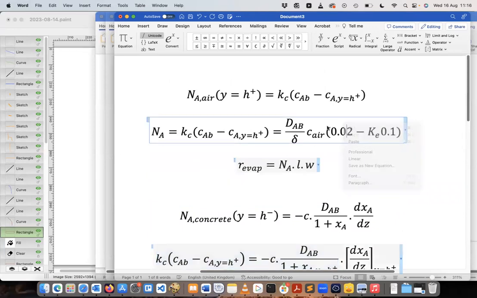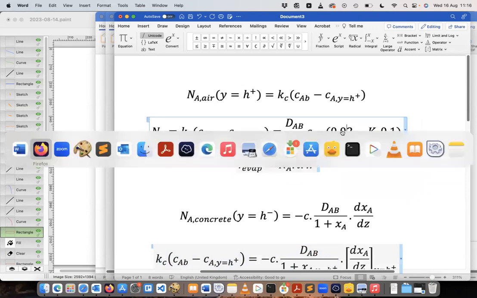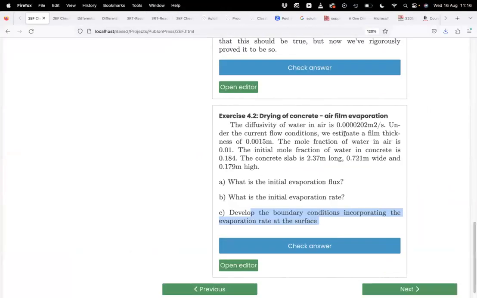So that is the saturation mole fraction of water in air. And if we look at the question, in this instance, remember, every time I regenerate the question, it changes the numbers a bit. So what I typically do is I look up standard values for each quantity, and then I add a small variance.